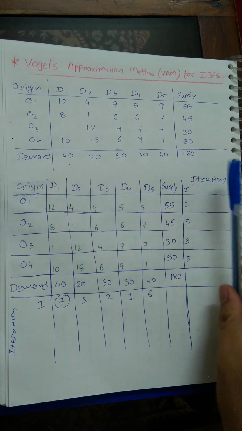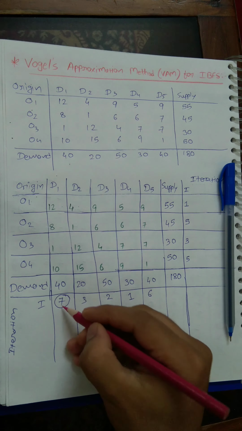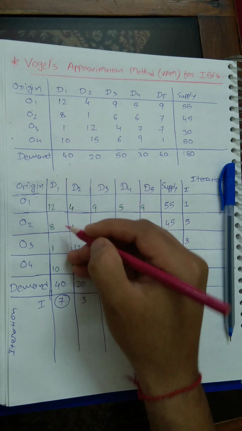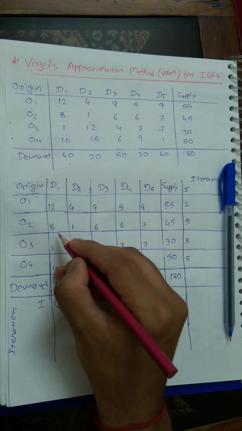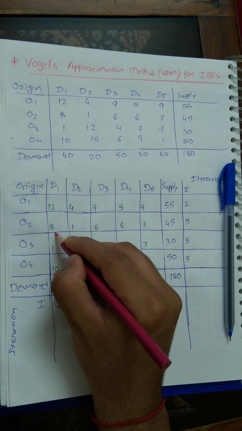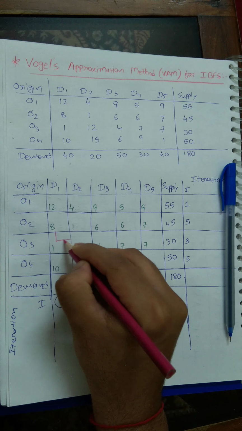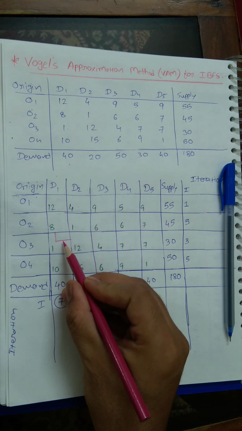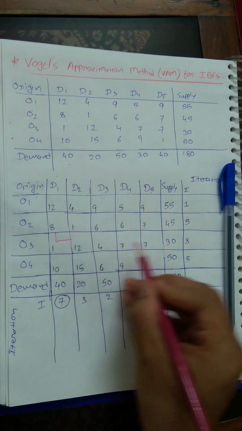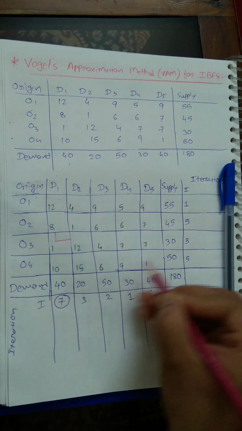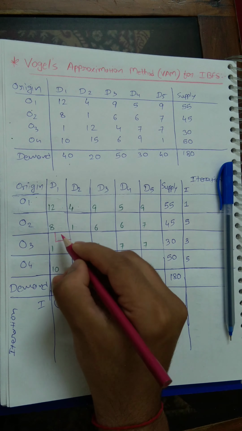Here that least cost is 1. So in this particular cell we will do the allocation. What will be the allocation? The allocation rule is the same as the previous two methods: check the supply, check the demand, and take the minimum of the two, that is 30.